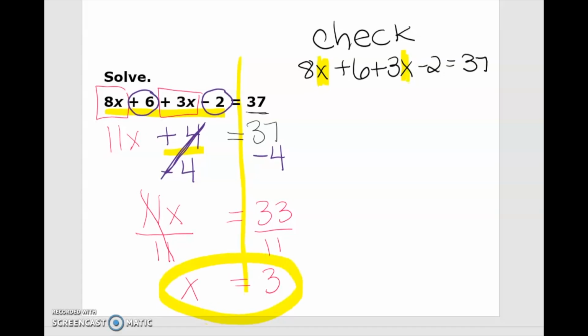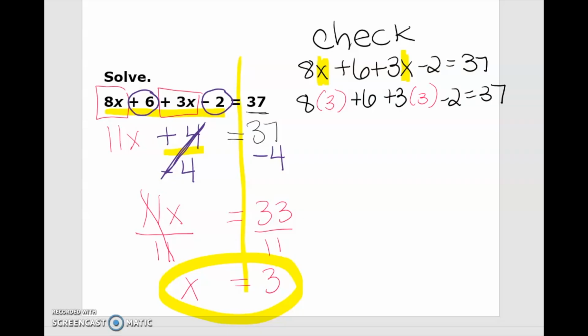We're just checking to make sure we haven't made an arithmetic mistake somewhere. So this would become 8 times 3 plus 6 plus 3 times 3 minus 2 equals 37.